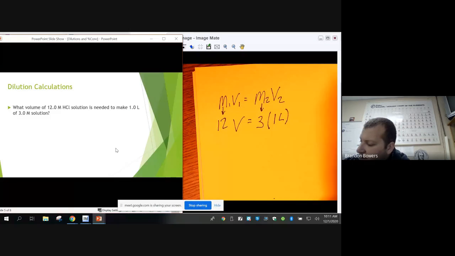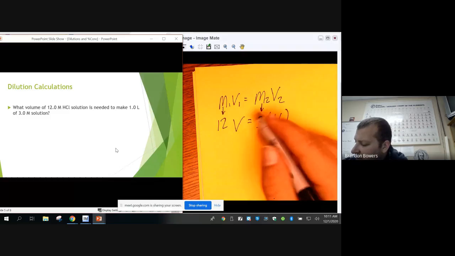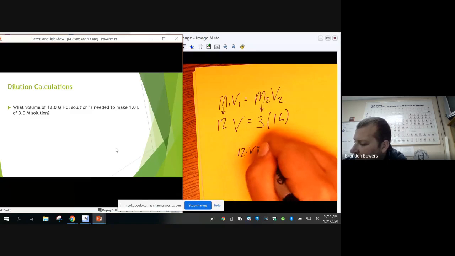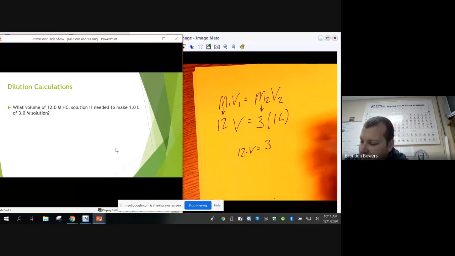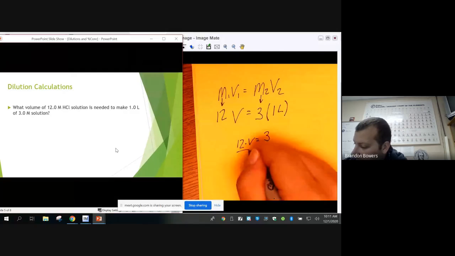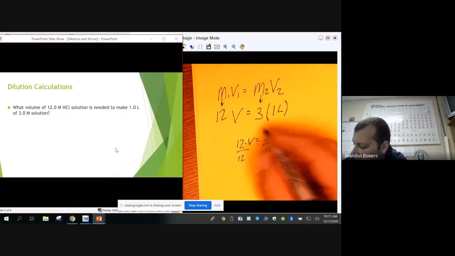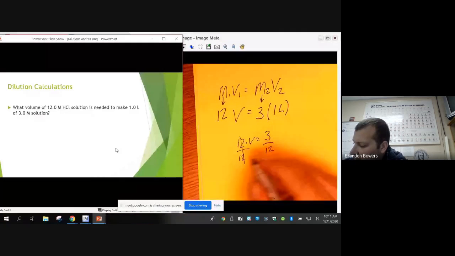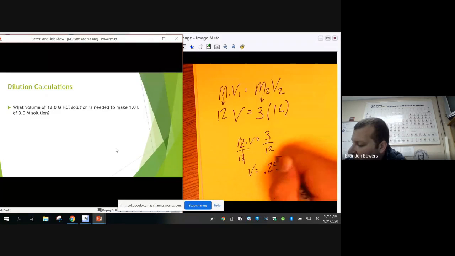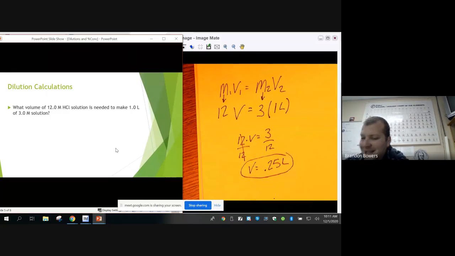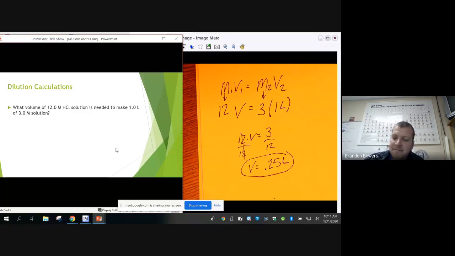Okay, so all you've got to do is 12 times V is equal to 3. The opposite of multiplication is division. I knew you guys knew it. So my volume is equal to 0.25 liters. And that's how you solve it. Just a little multiplication, a little division.